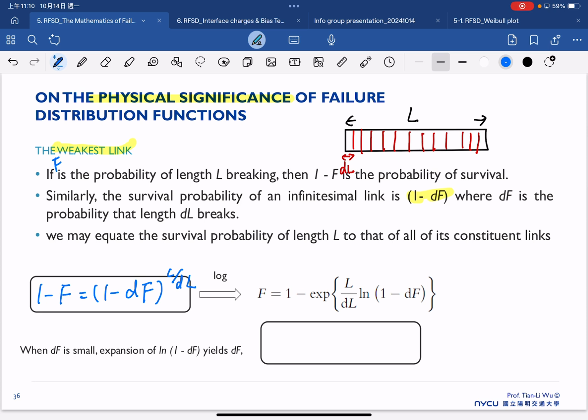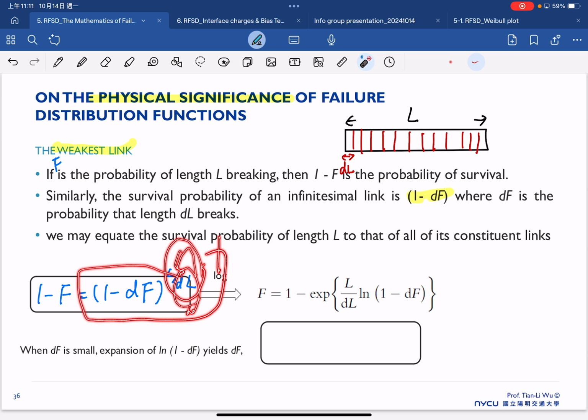The easy way to understand this equation is to consider that once our dl is equal to L, this exponent is equal to 1, so this function will be back to the previous one. That's the easiest way to understand. We just use a mathematical trick to rewrite this equation in a form like here.